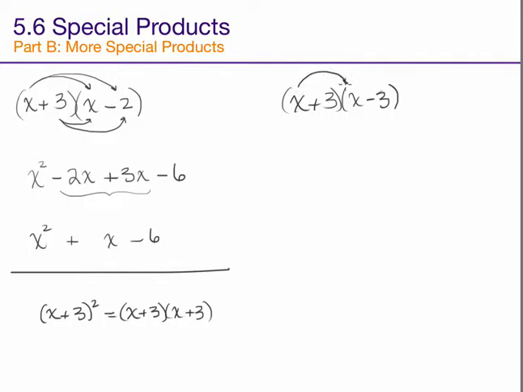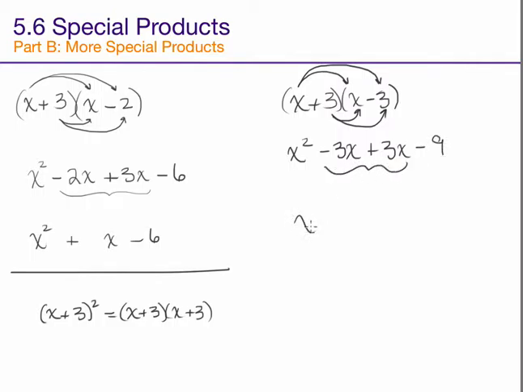X times x is x squared. X times negative 3 is negative 3x. Moving on to the 3, 3 times x is 3x. 3 times negative 3 is negative 9.